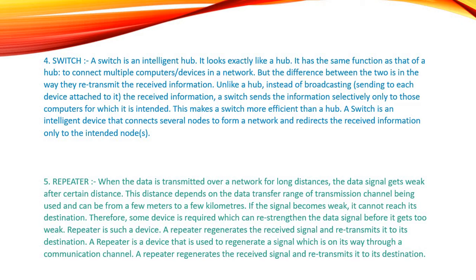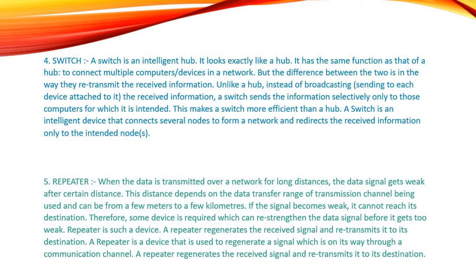This distance depends upon the data transfer range of the transmission channel being used and can be from a few meters to a few kilometers. If the signal becomes weak, it cannot reach a particular destination. Therefore, some device is required which can re-strengthen that data signal before it gets too weak.